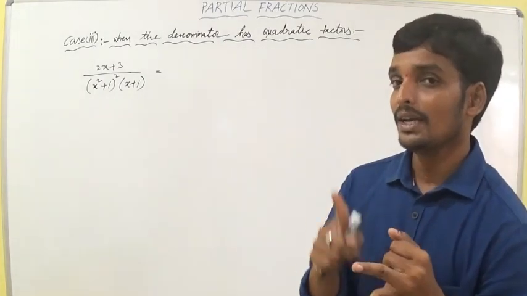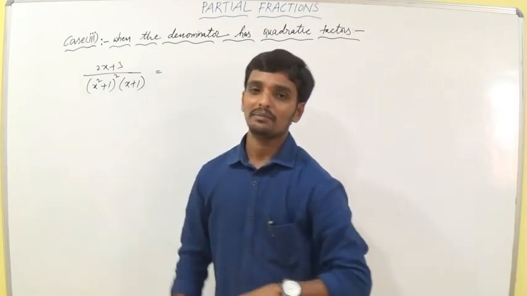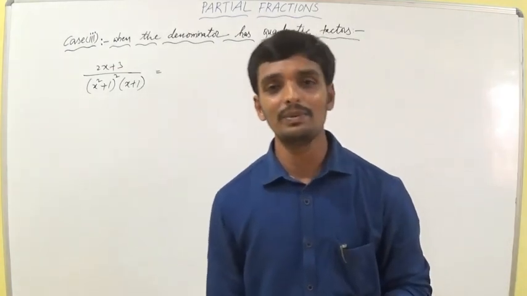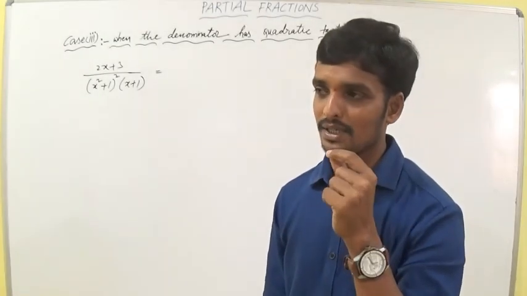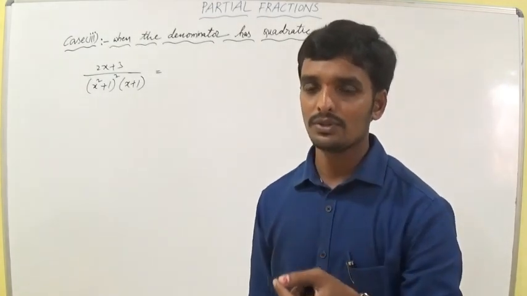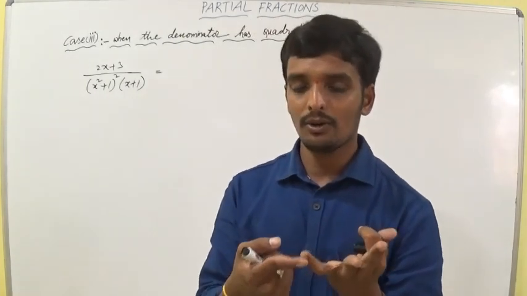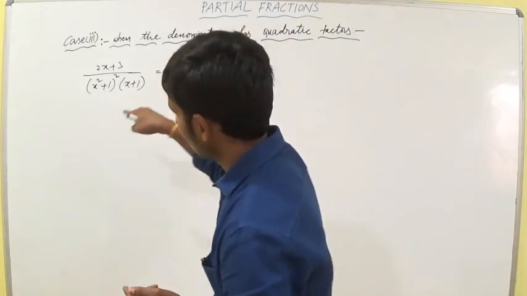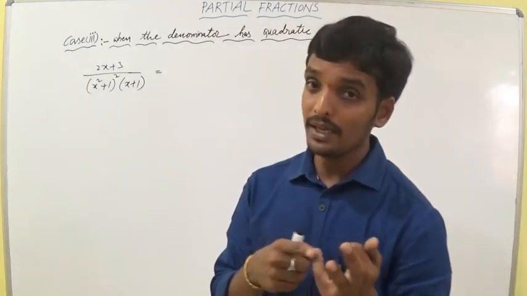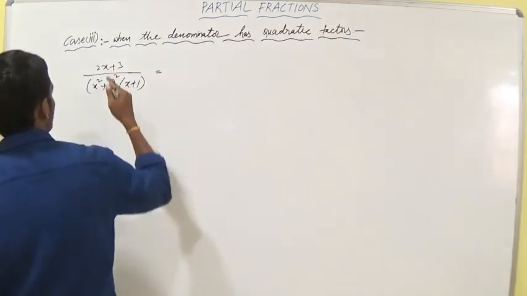Here the quadratic is repeating. Observe what I am saying. Third example: the denominator is the combination of repeated quadratic and the linear. Repeated quadratic, that's why it has the square.